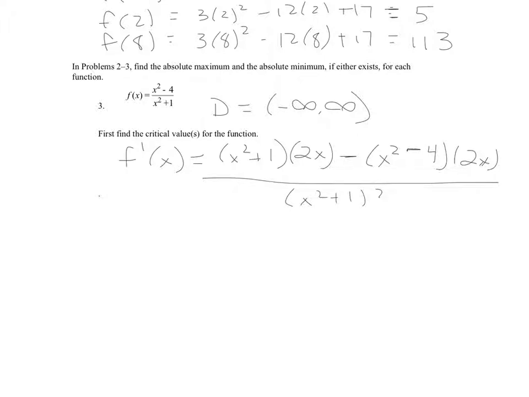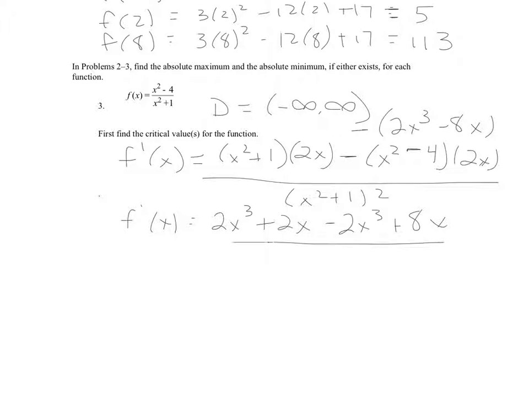If I distribute, I get 2x cubed plus 2x. Now, here, if I distribute, I've got 2x cubed minus 8x in parentheses after I distribute, but there's a minus sign in front of that. So if I distribute the minus sign through, I get a minus 2x cubed plus 8x.